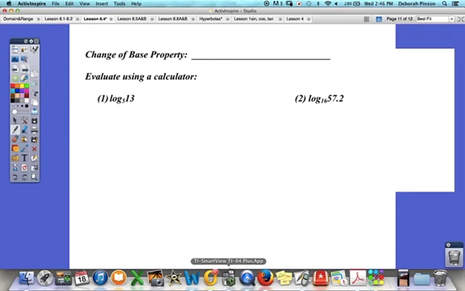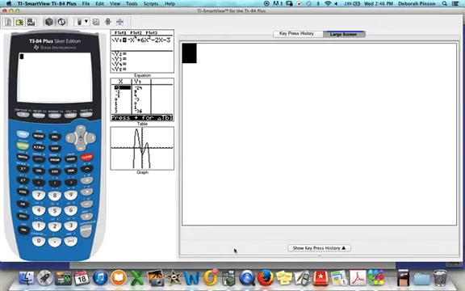Now I want to remind y'all of something on your calculator before we come back and talk about this. Y'all remember, on our calculators, there's only 2 logarithms that we can do. We can do regular log, which is understood to be base 10, so we can do log base 10, and we can do natural log, which is log base e.